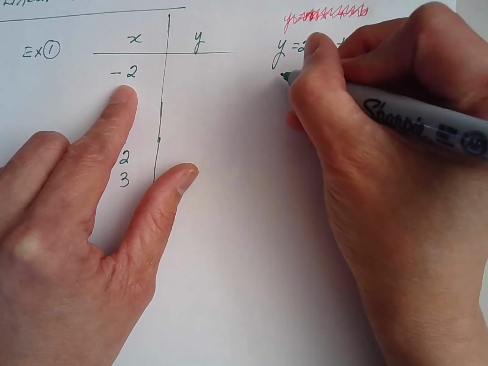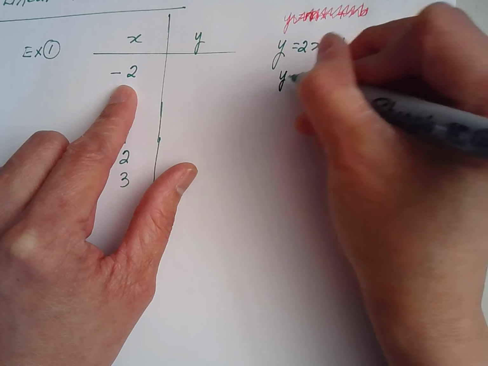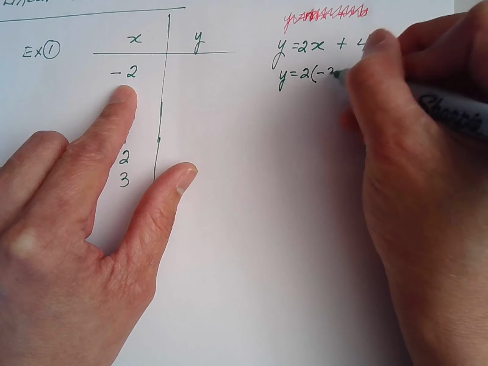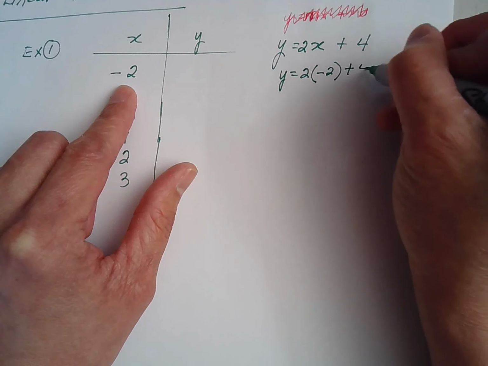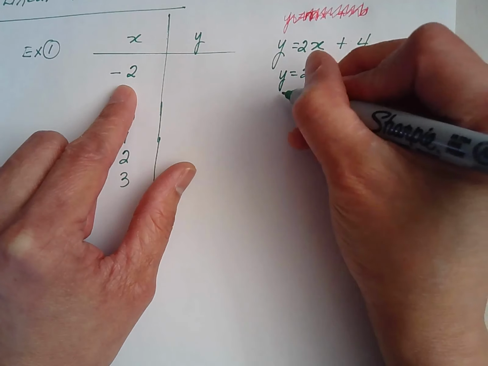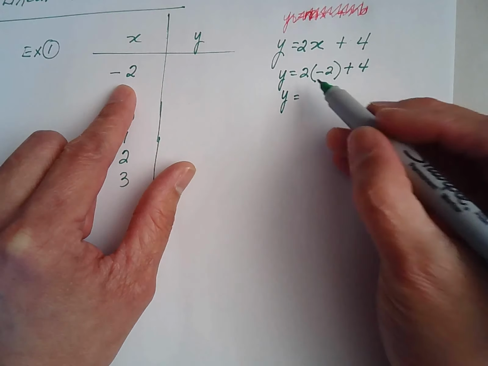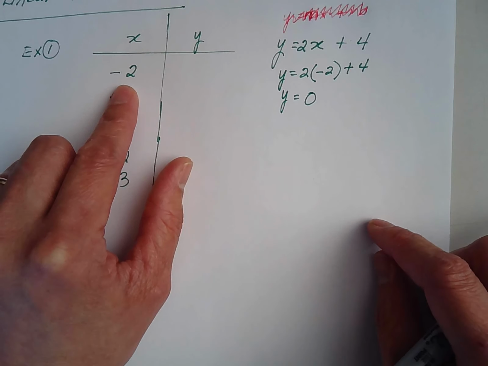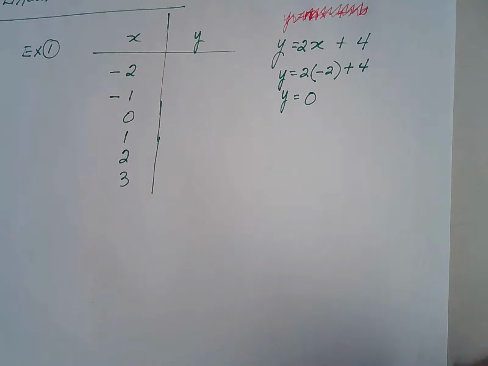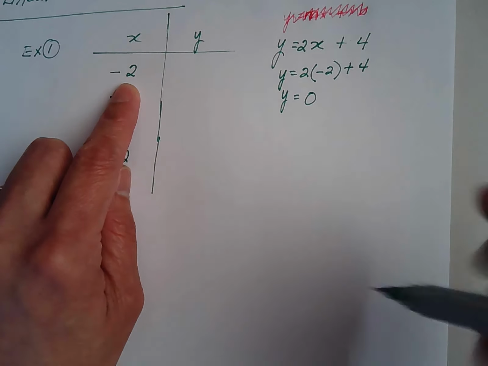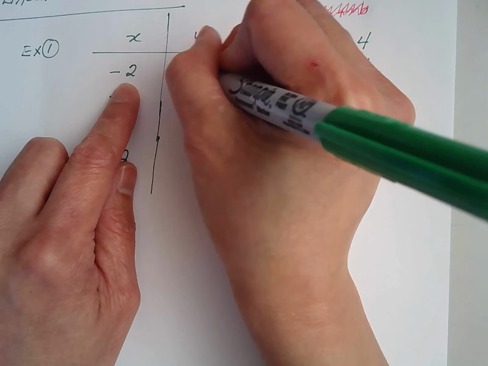So y is equal to 2 times negative 2 plus 4. That's going to give us y equals 0. Everyone okay with that one? So if x is negative 2, y is 0.